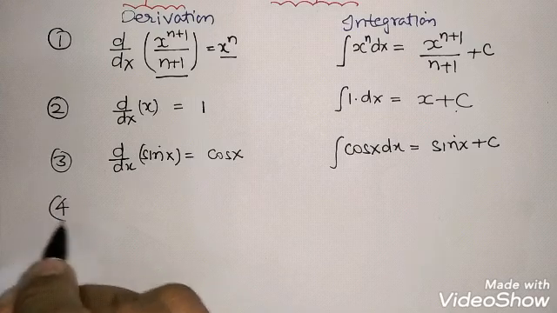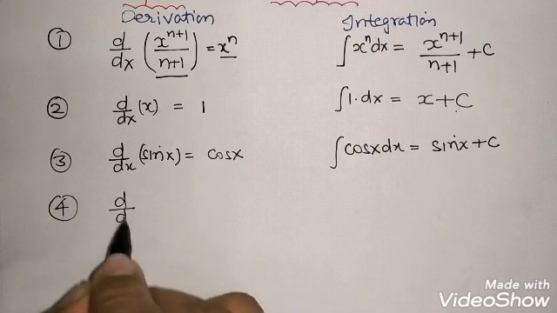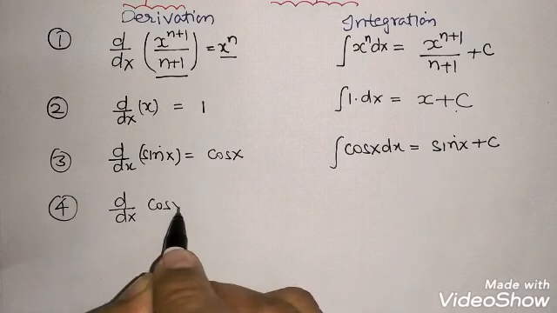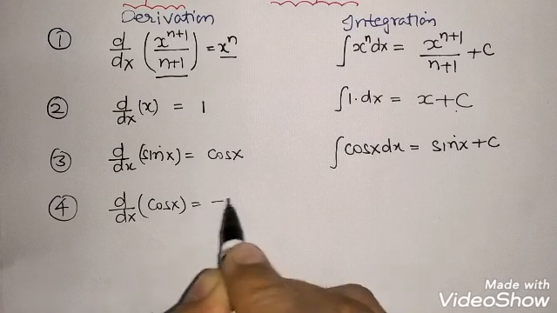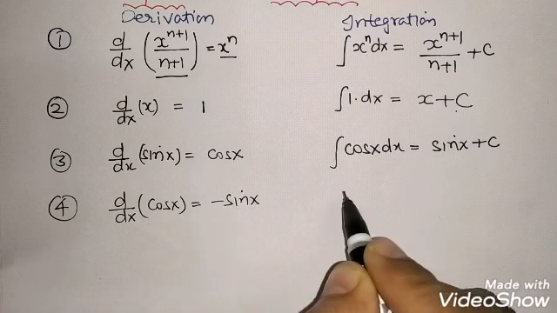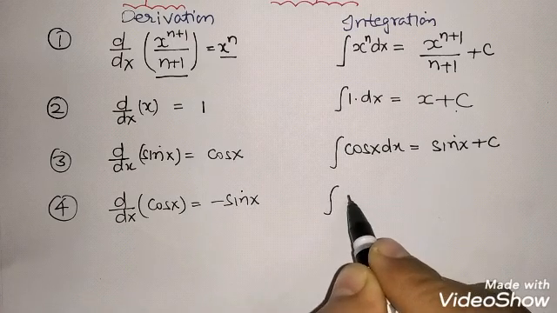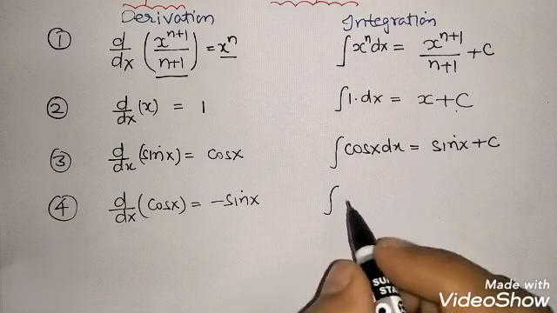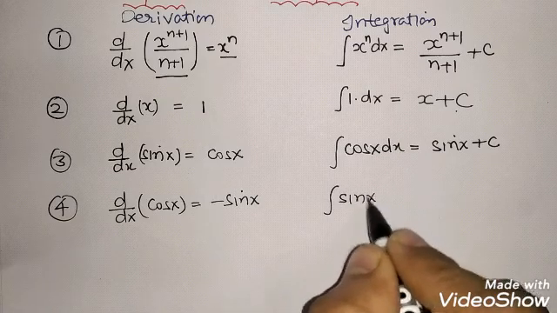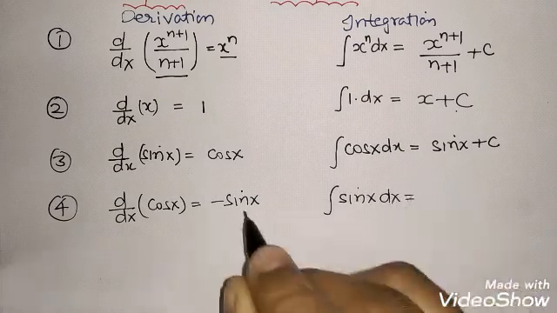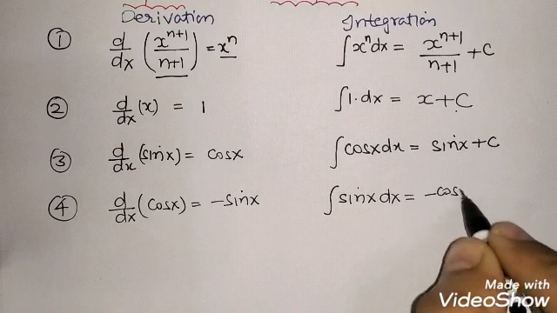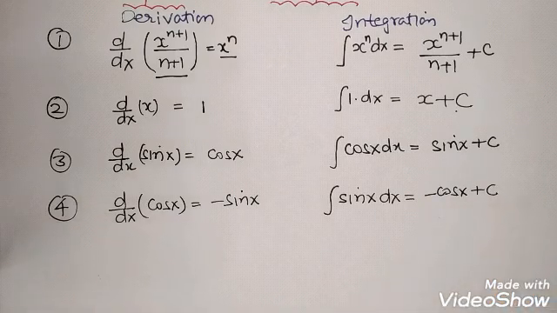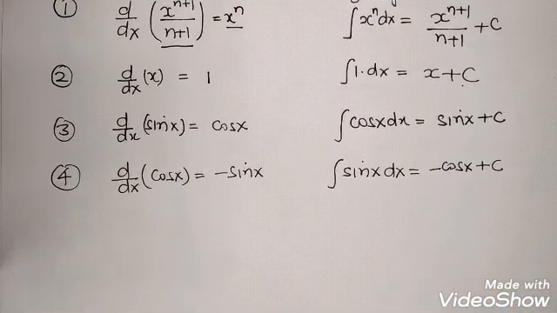Fourth formula for integration is the derivative of cos x. The derivative of cos x is minus sin x. So we can say integration of sin x dx is equal to minus cos x plus c. It's a quite easy formula.